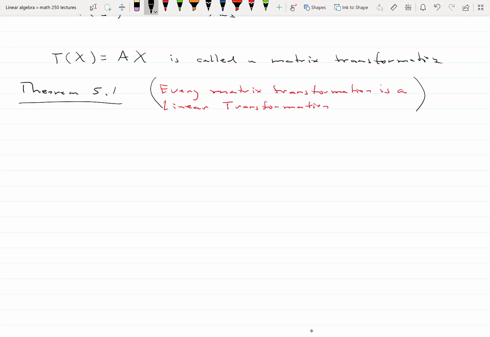I want to show that this is true. I want to prove this. Okay, so proof. I want to show that every matrix transformation is a linear transformation. So let's start. Let A be an m by n matrix.